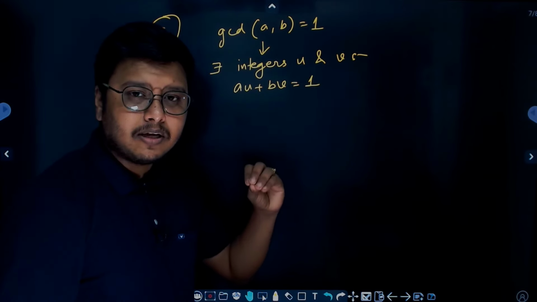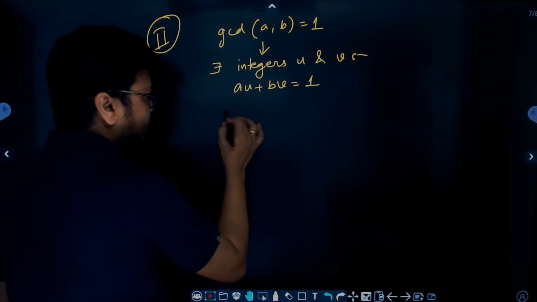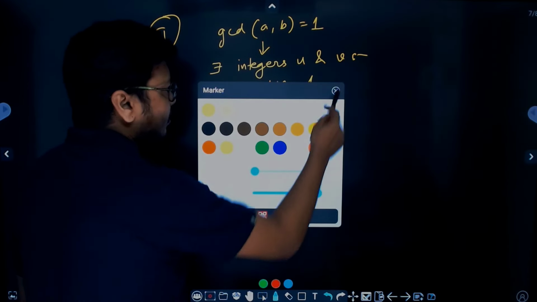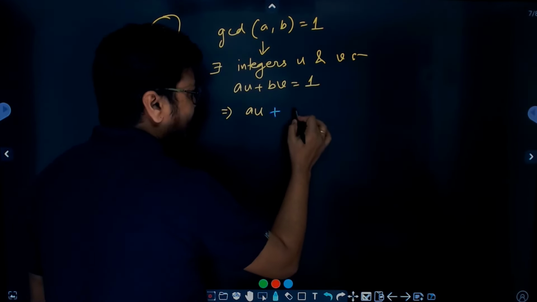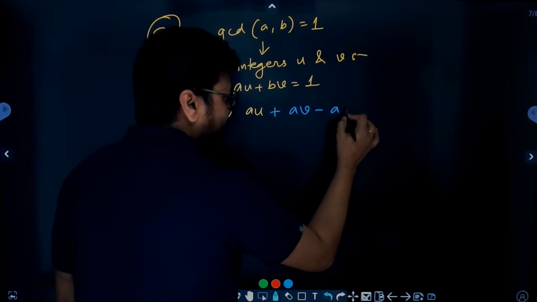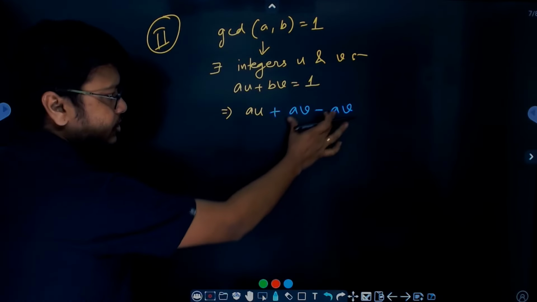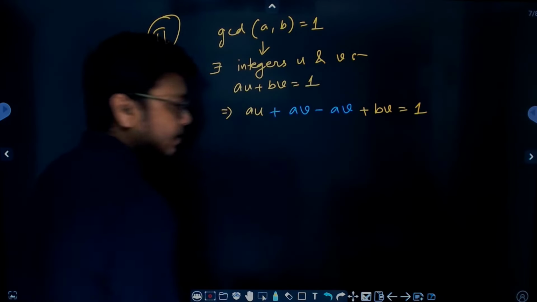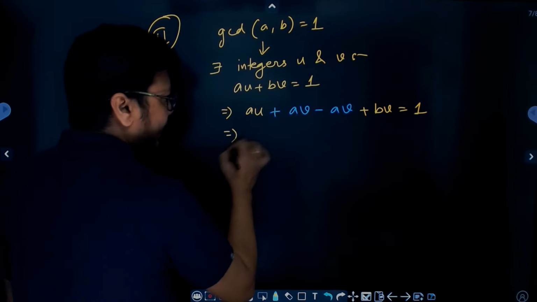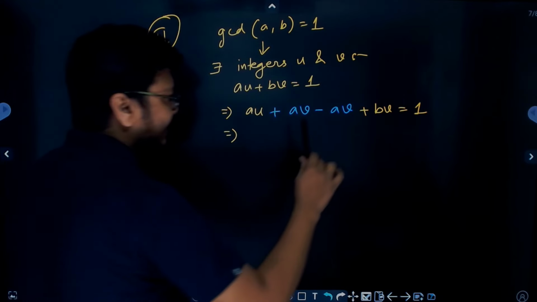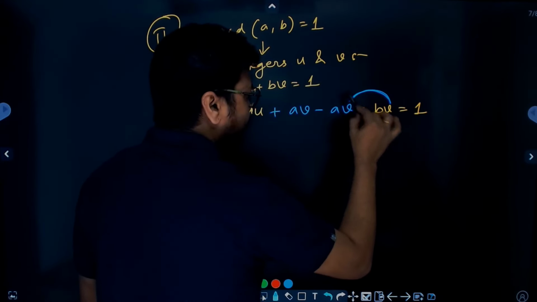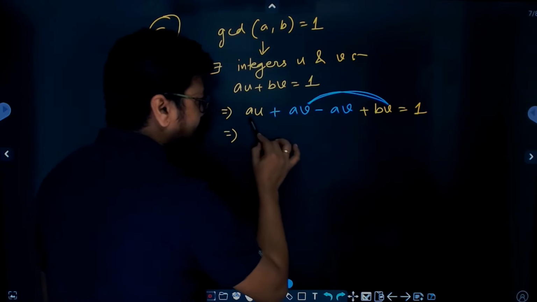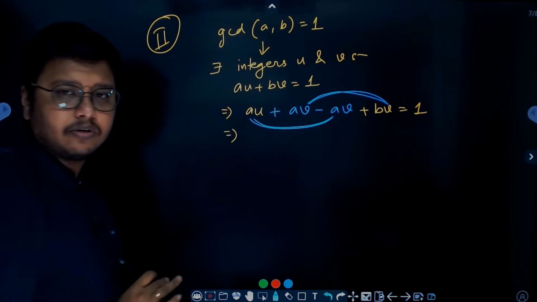Now I will do some manipulation to this equation. Let's say I am taking a dummy term. I am adding the term AV and again subtracting the term AV, plus BV equals 1. So what I can do now is take V common from these two things and A common from these two things, right?